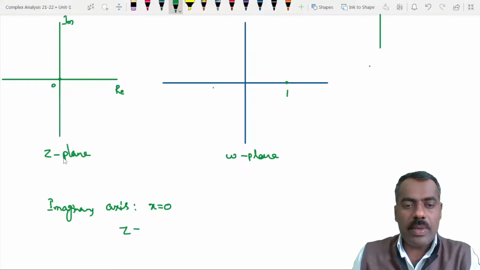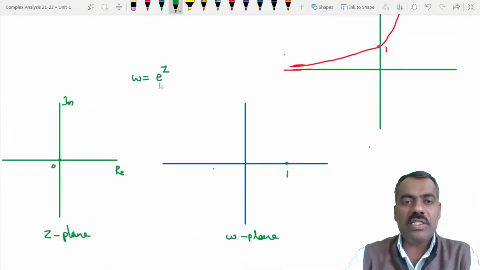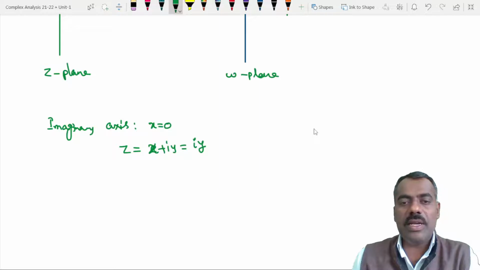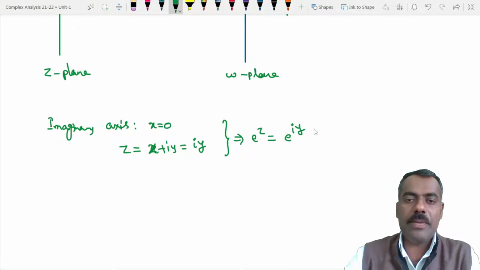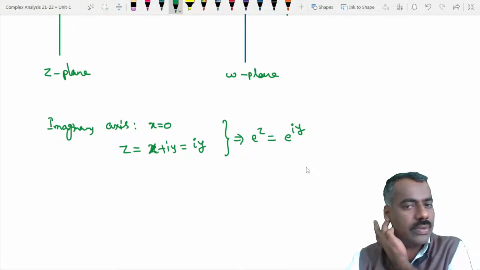So our z is x plus iy, which is nothing but i times y. So under this function e power z, what will this become? In this case, e power z is the same as e power i y, because our x is 0, right?